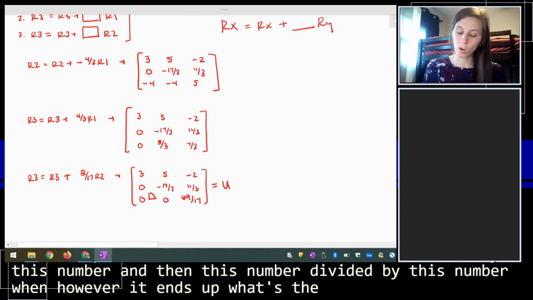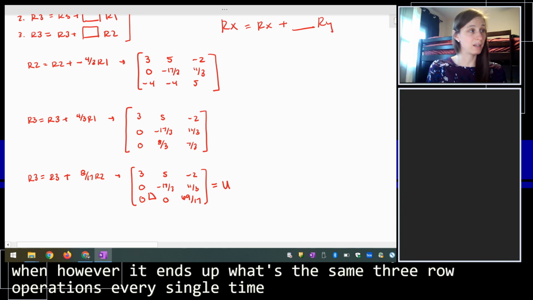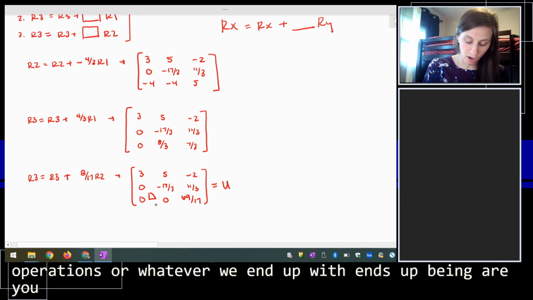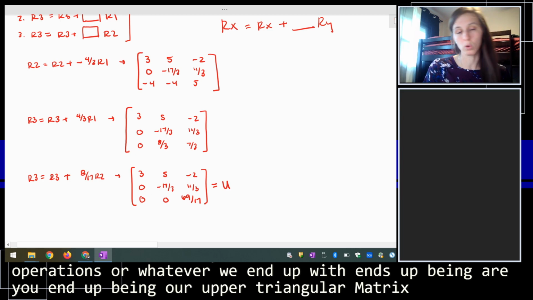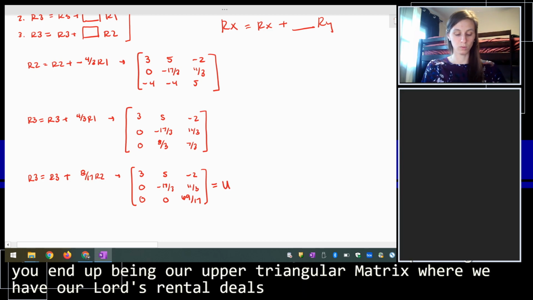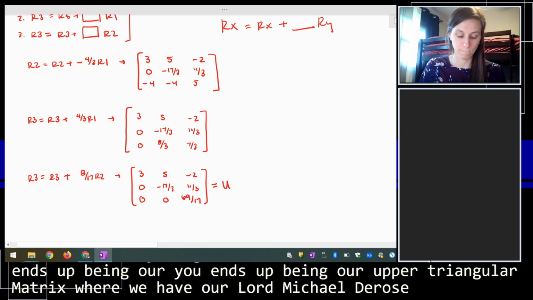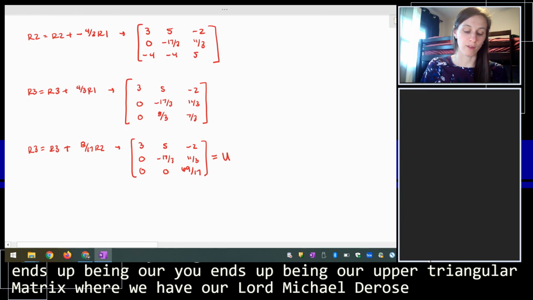Whatever we end up with ends up being our U, our upper triangle matrix where we have our lower triangle zeros. Okay, so we have our U.